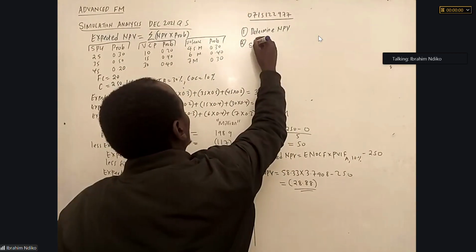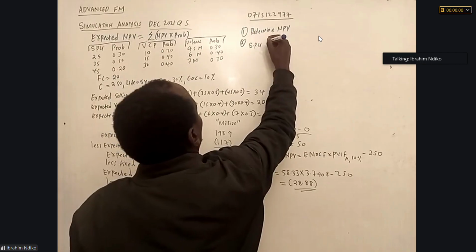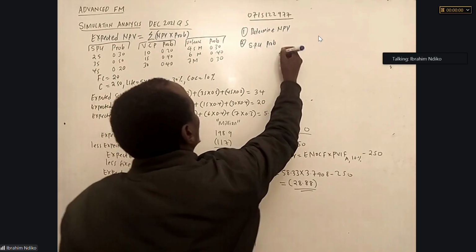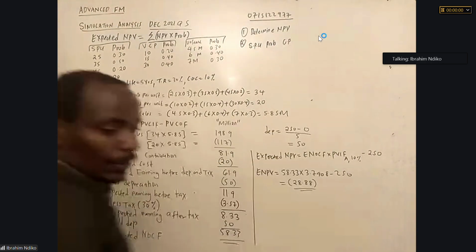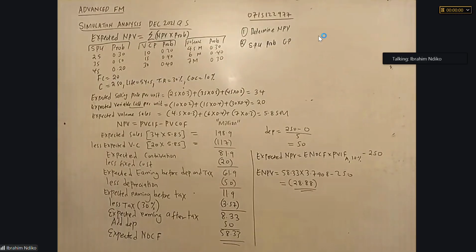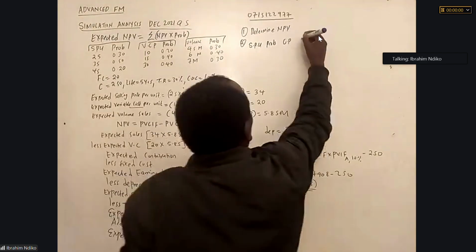So SPU probability, then cumulative. Cumulative CP means cumulative probability. SPU means Selling price per unit. And then prob means probability. And then the last one is the range.